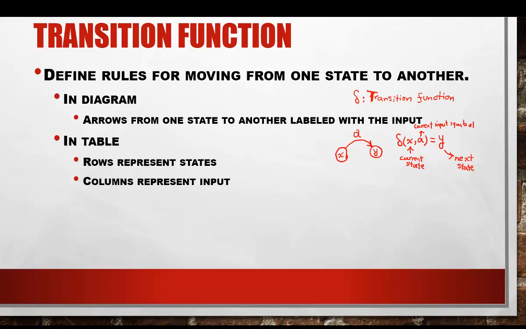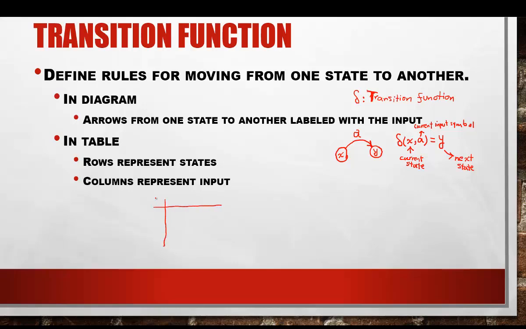Okay, so the way that we will work with our formal definition of a finite automata, or rather a deterministic finite automata, is that we represent this transition function either as a state diagram that we saw earlier, or a table in which the rows will represent the states that our machine has, and its columns will represent the input symbols from the input alphabet.